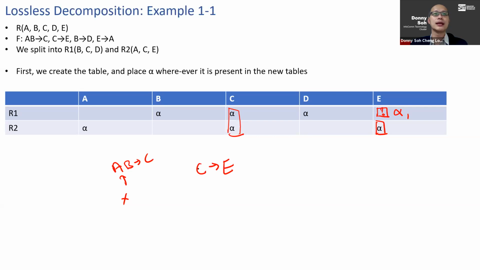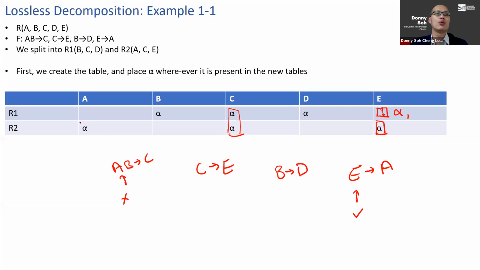Then we go on to the next functional dependency, B implies D. There's nothing we can do over here, because on my left there's only one distinguished variable. And we come to E implies A, and now we realize that on E we have two distinguished variables there, so it satisfies my condition 1.